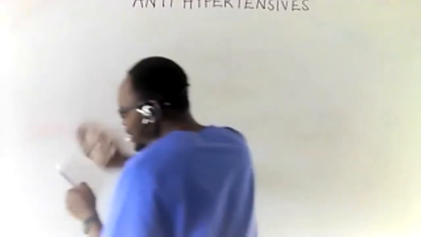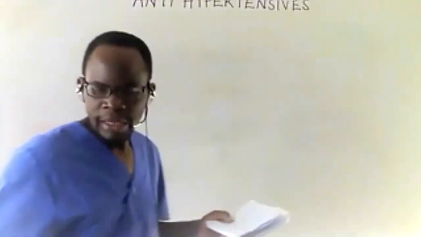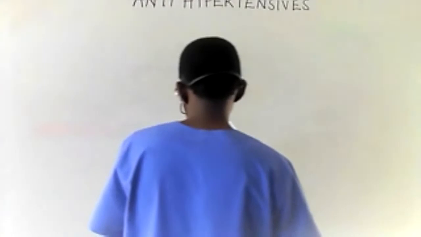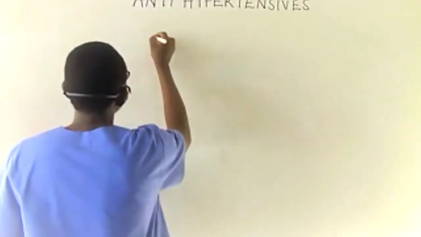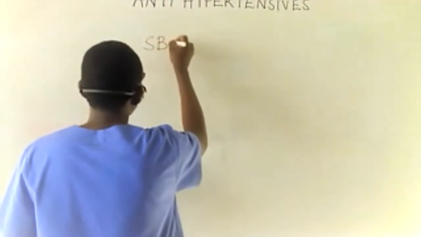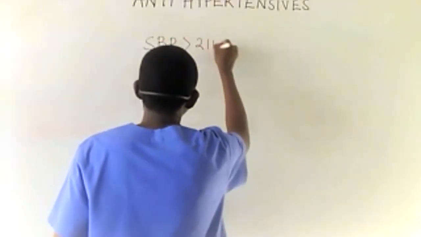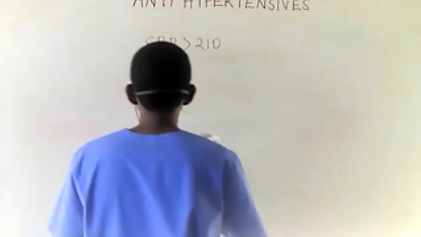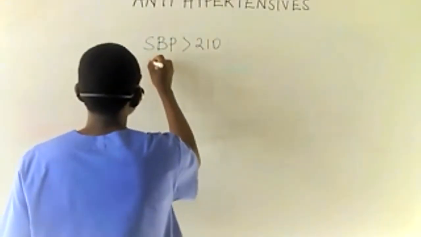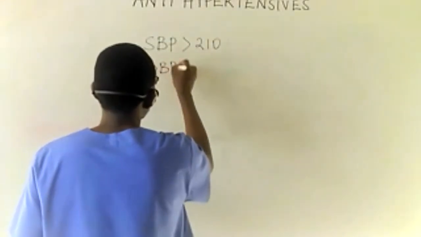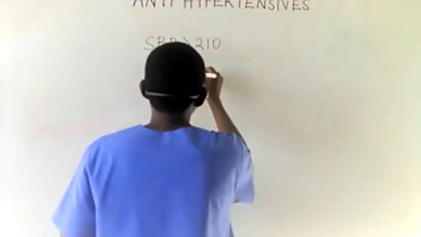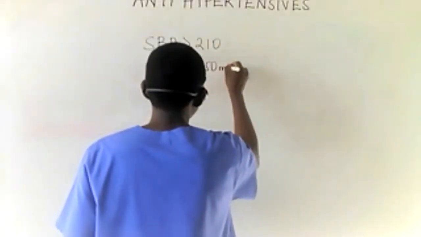Someone is said to be in a hypertensive emergency if the systolic blood pressure is greater than 210 millimeters of mercury, and the diastolic blood pressure is greater than 150 millimeters of mercury.